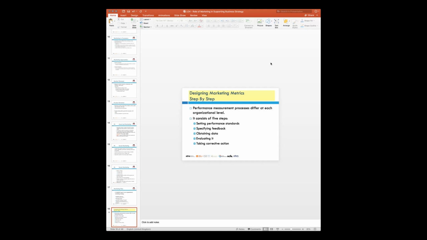So that is setting performance standards. Then you look at taking feedback. This feedback is obtained through various types of data. It could be surveys, questionnaires, face-to-face interaction, focus group interviews. And once you've collected that data, you look at evaluating it.